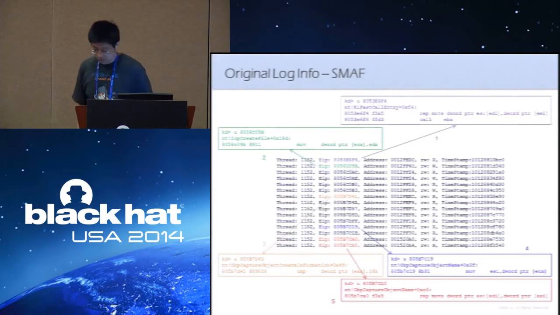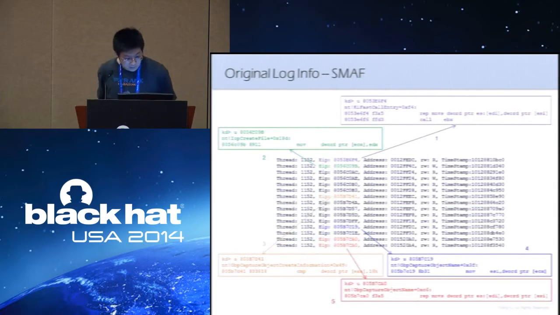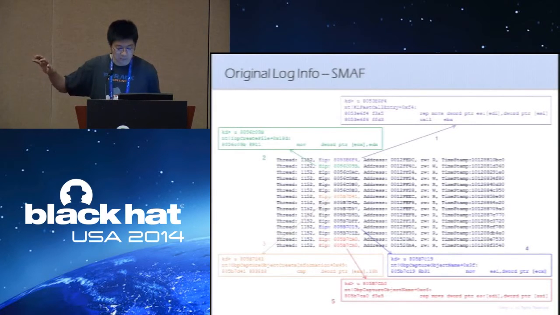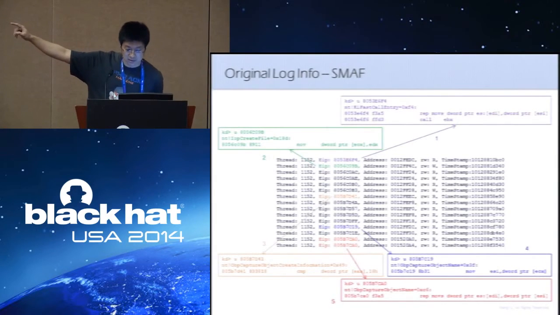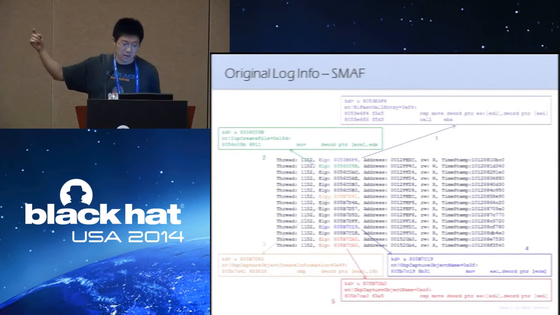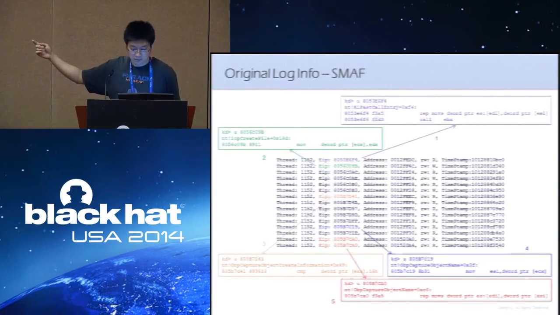Here is some of the original log. This is a call stack about IoQueryFile. At first it's KiFastCallEntry, and the kernel's accesses to user mode memory are logged. For example, one is copy from user, and then IoQueryFile.